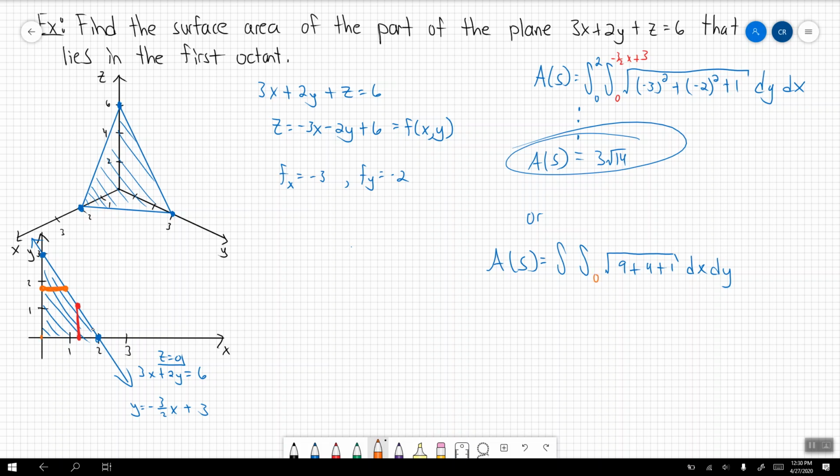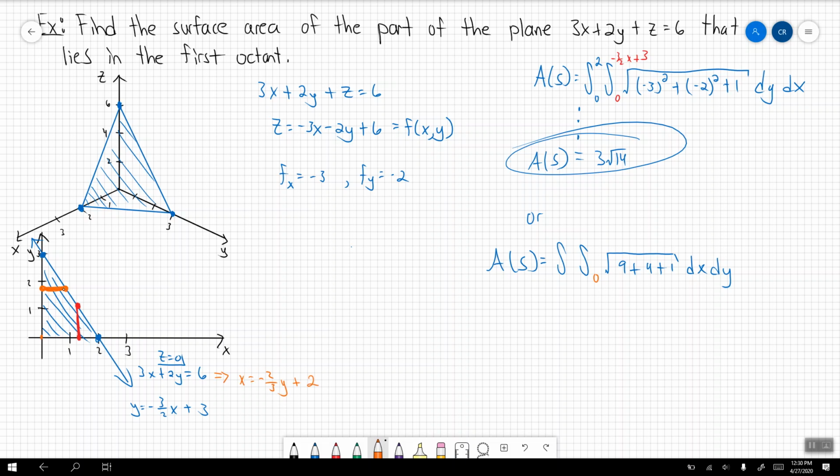The rightmost, it's going to be this line. So in order for me to grab this line, I need to solve this equation for x. Solving this equation for x, I'm going to get that x is equal to negative 2/3 y plus 2.